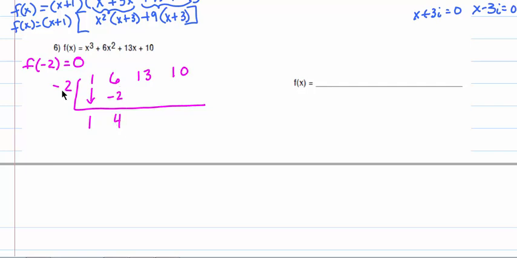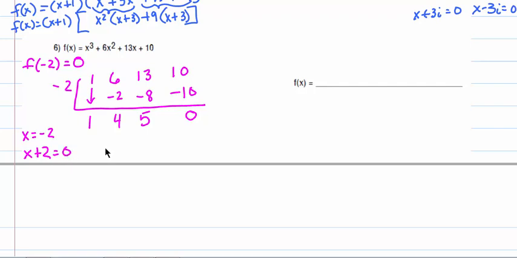Add, 4. 4 times negative 2 is negative 8. Add, 5. Negative 2 times 5 is negative 10. Add them together, I get 0. So my remainder is 0 because negative 2 is a 0. Since negative 2 is a 0, that means x plus 2 is a factor.